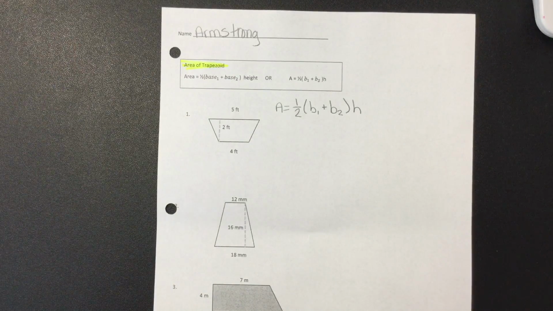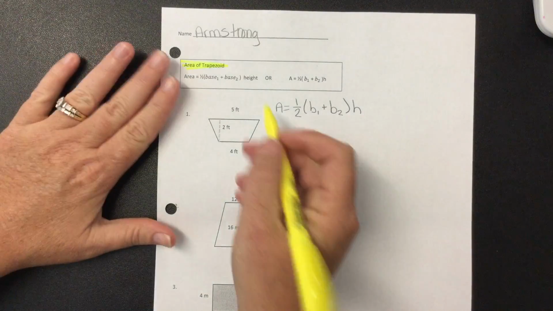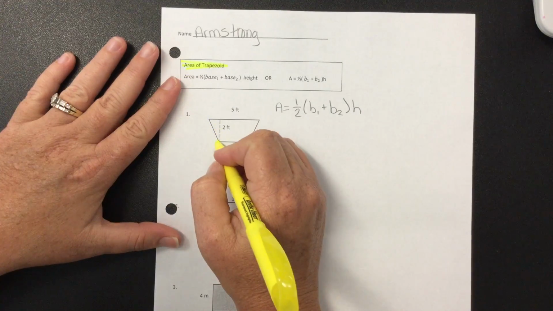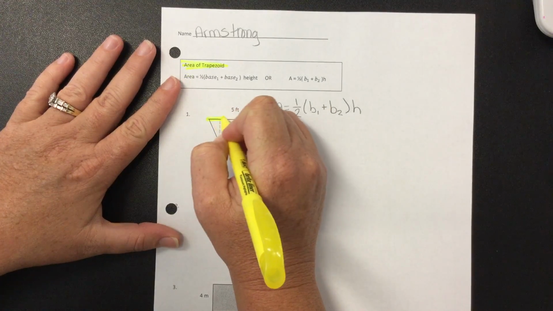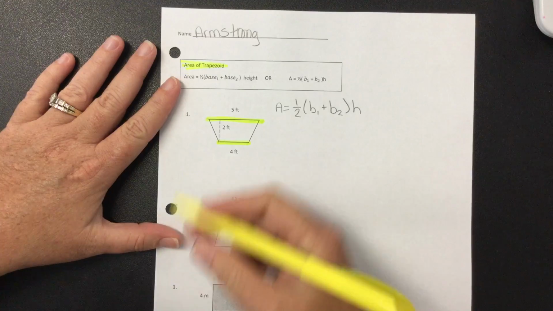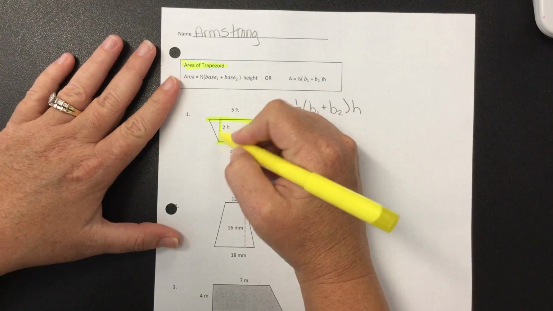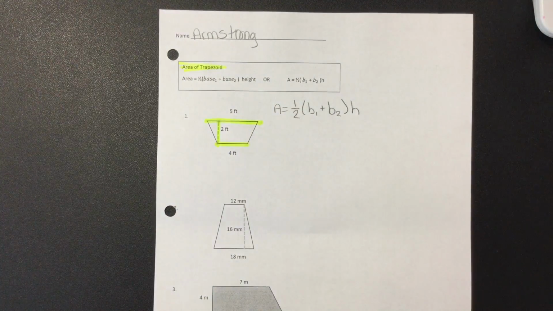Now I'm going to go ahead and highlight my base 1 and my base 2, and I am going to highlight my height. That way, those are the only numbers that I am looking at. My eyes don't tend to wander, nothing like that.